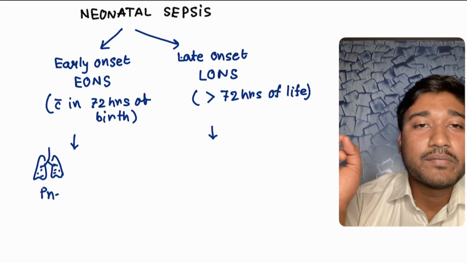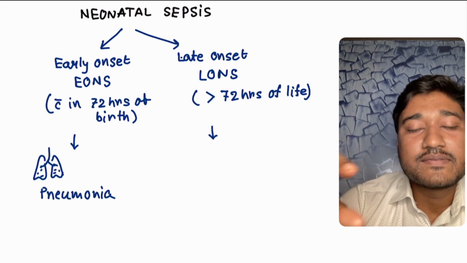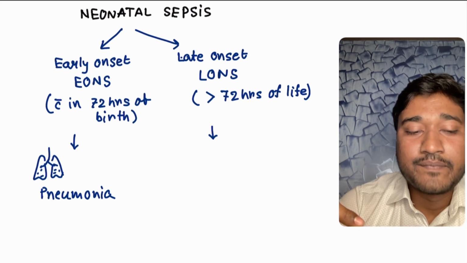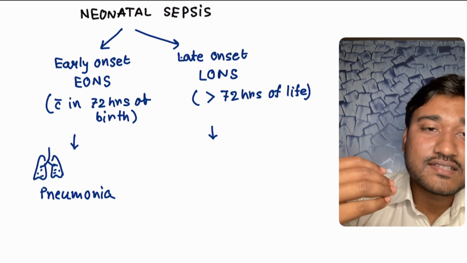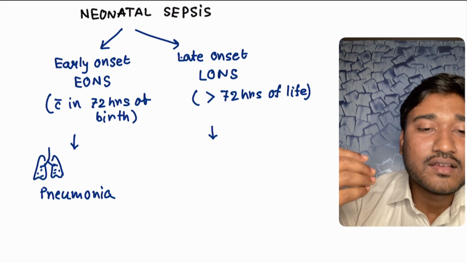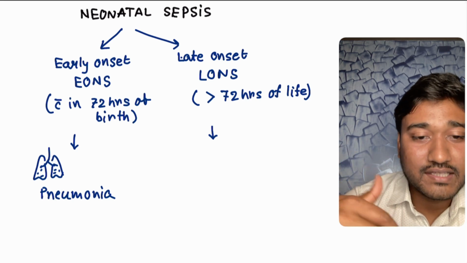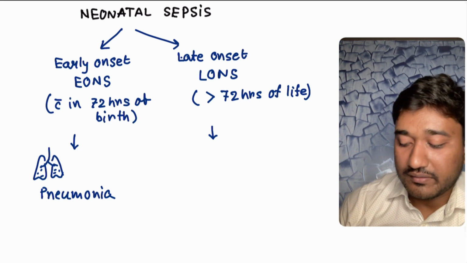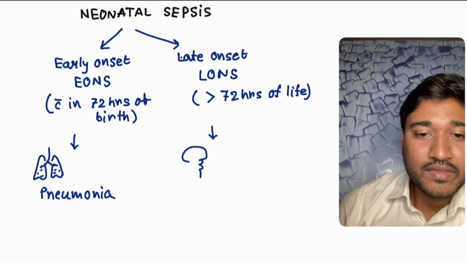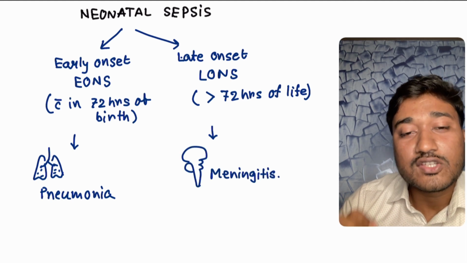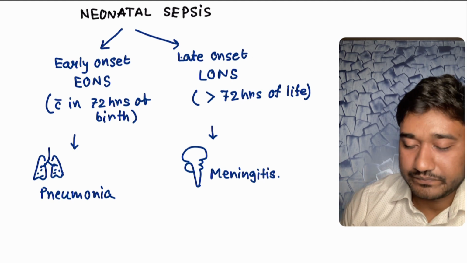Usually, remember, early onset neonatal sepsis actually comes from the mother, from the genital tract. So the baby is getting this infected fluid from the mother, and eventually there could be pneumonia because of aspiration of that content. But in case of late onset neonatal sepsis, the presentation is usually meningitis.